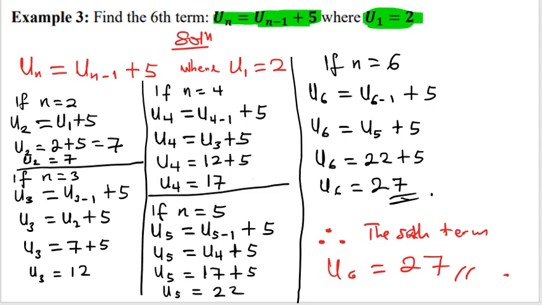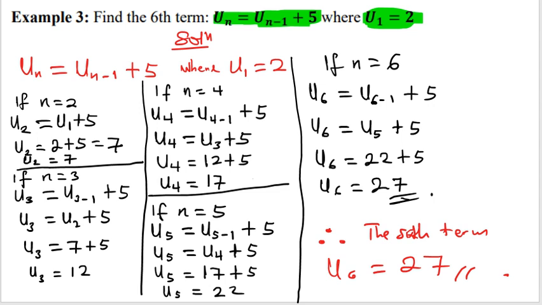So what do we do? Because the preceding term is u1, it means that we can start finding the second term, because we know the first term. So the term we can find first is u2. And once we get u2, we can also use u2 to find u3 and so on.